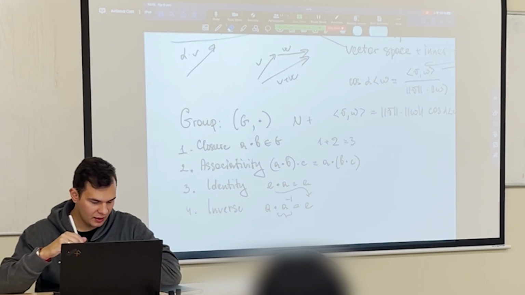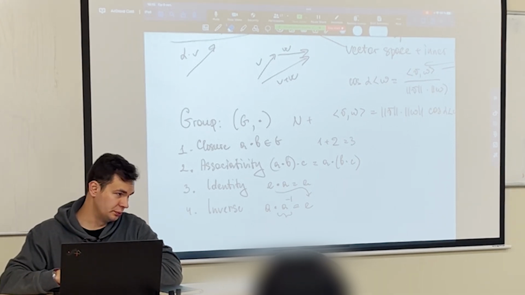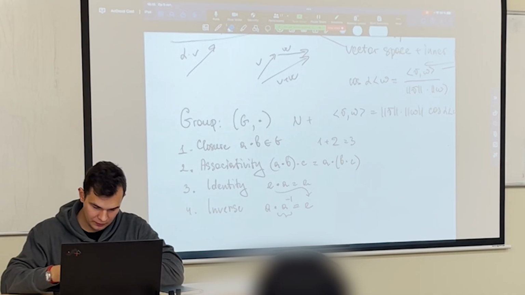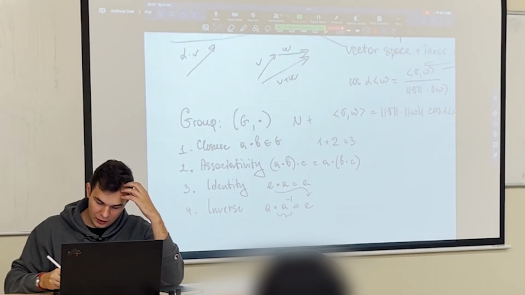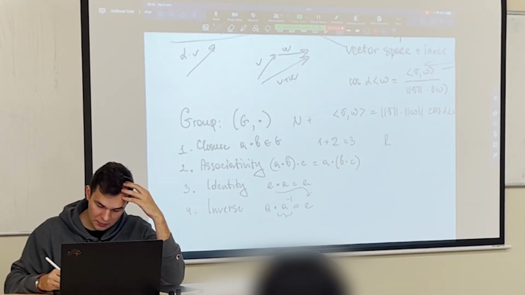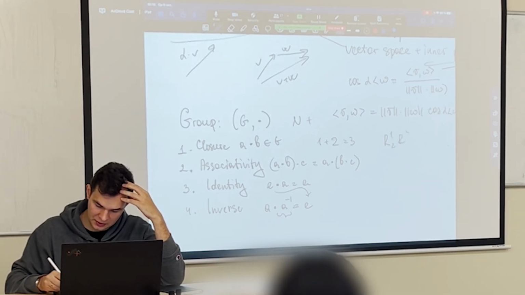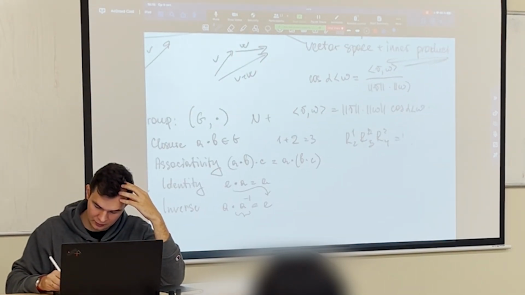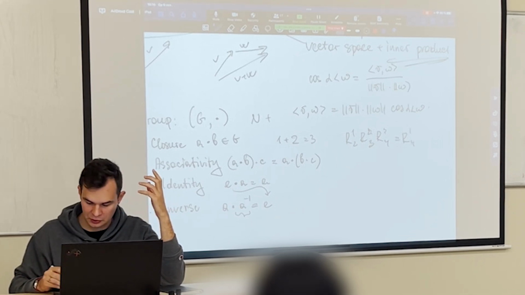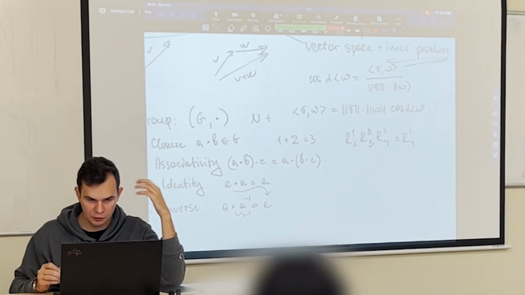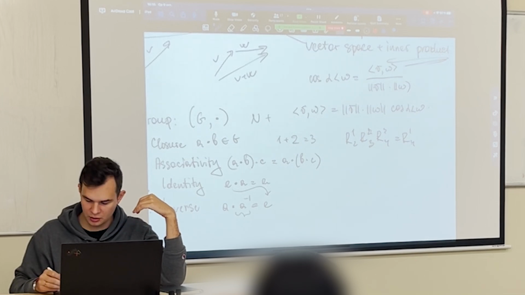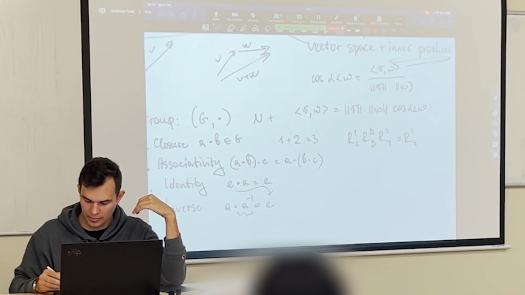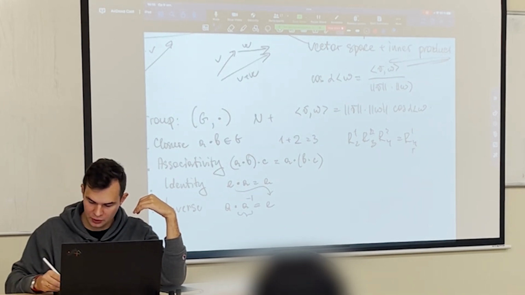And the rotation matrix is a group. So you can multiply one matrix with another matrix and with another matrix, and you will get a matrix that represents a coordinate transformation from 4 to 1.